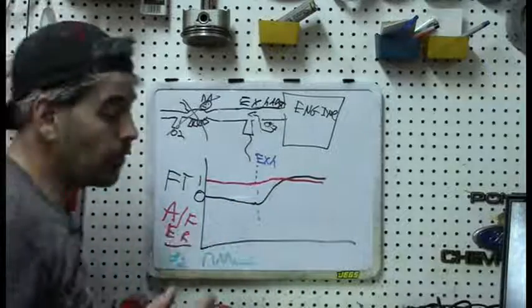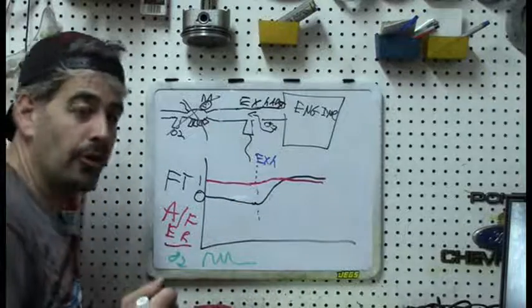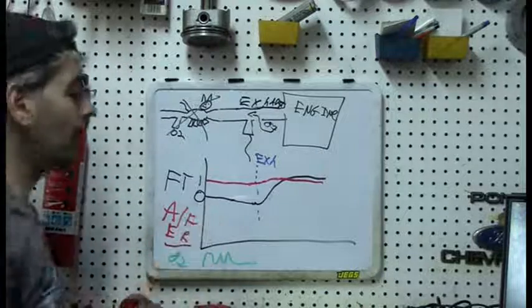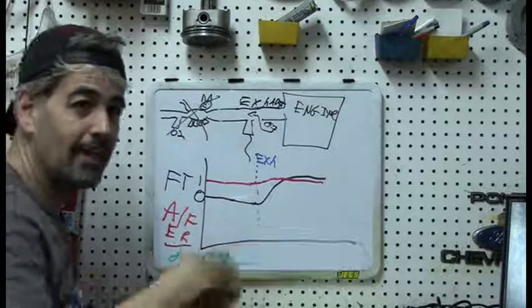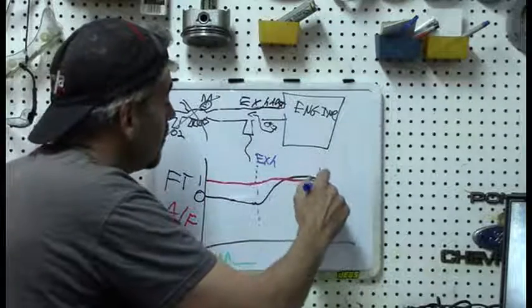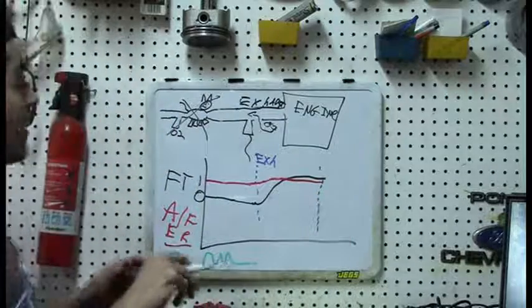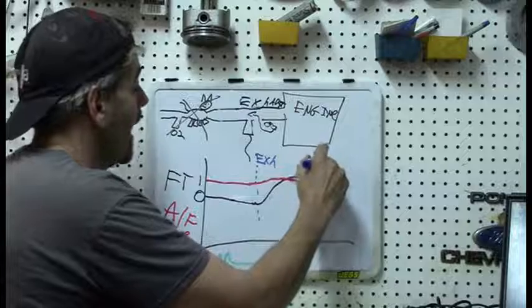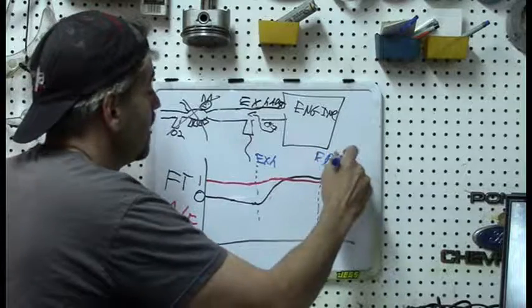Now, in order to do a diagnosis, to actually successfully identify an exhaust leak, we're going to have to create some kind of change in the environment, induce a variable. And what I plan on doing for that is increasing the RPM. So at this point, we're going to add an RPM increase.